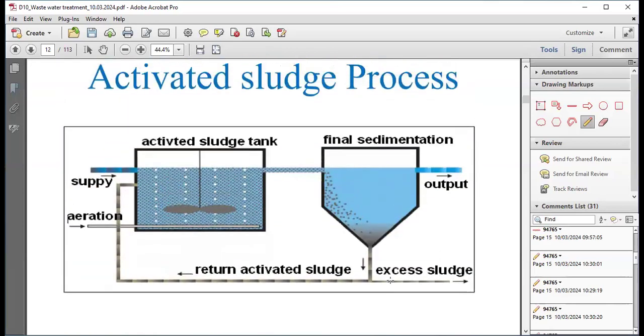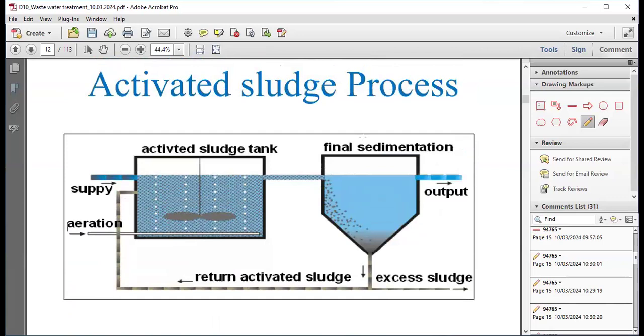This is the schematic diagram of the activated sludge process. So you can get the idea about the sludge process. Finally, sludge is converted to fertilizer.